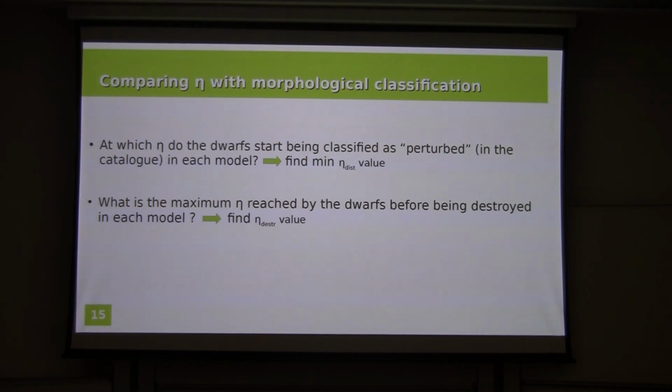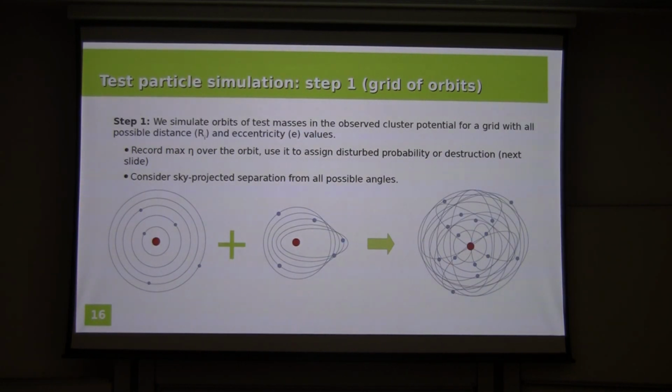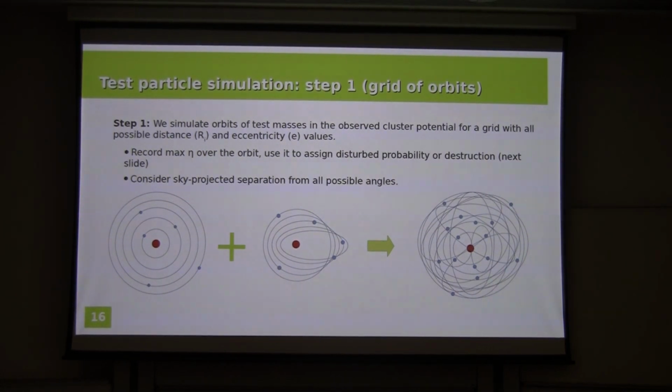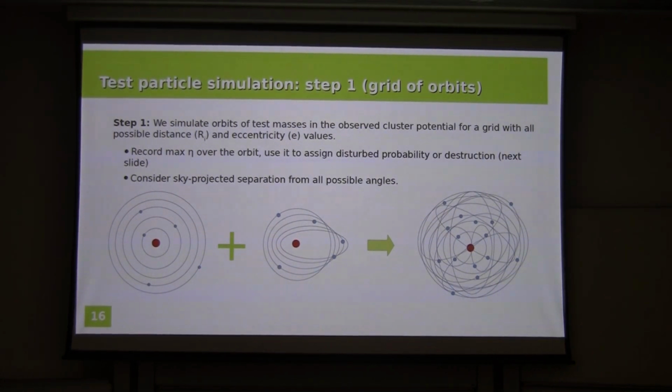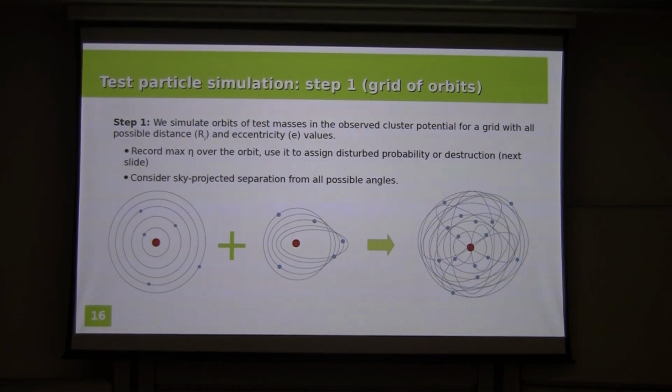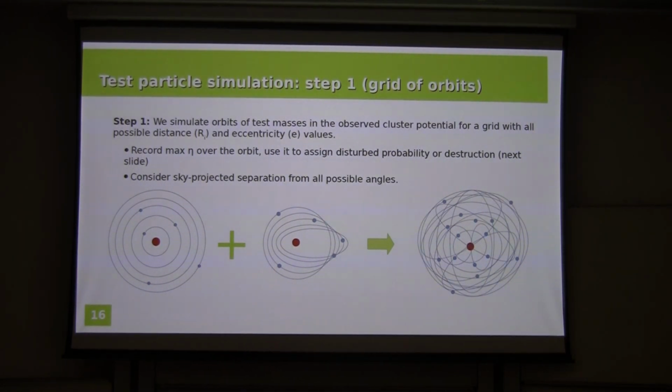We would like to do this as accurately as possible and also try to minimize the projection effects as much as possible. To do so, we constructed a test particle simulation. We try out all possible initial distances, all possible eccentricities, and we set up the simulation. We also considered all sky projected separations from all possible angles.